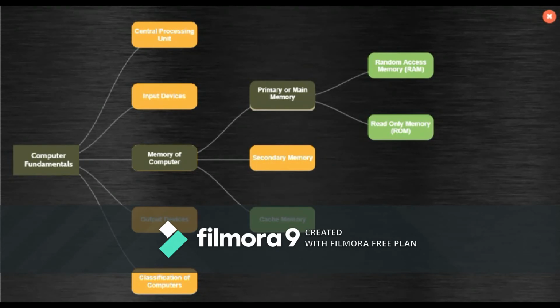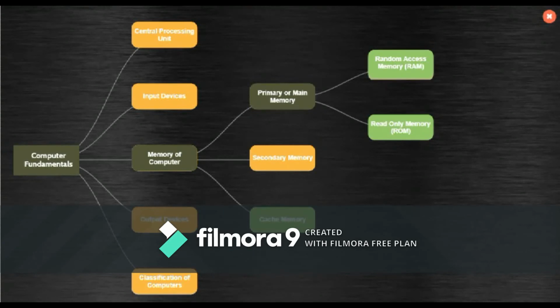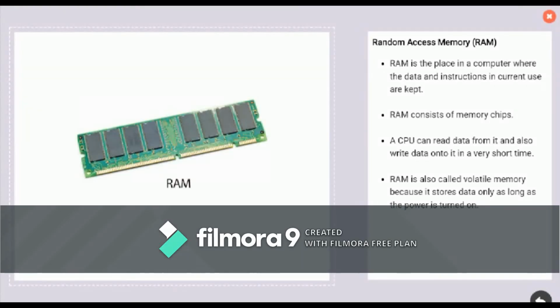So these are the things about primary memory. It is very small in size and the data is lost when a computer is turned off. And primary memory is mainly divided into two types. First one is random access memory and the second one is read only memory.